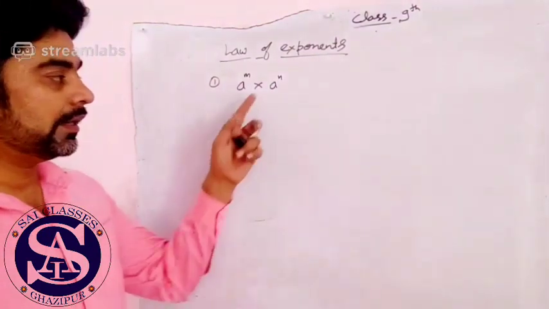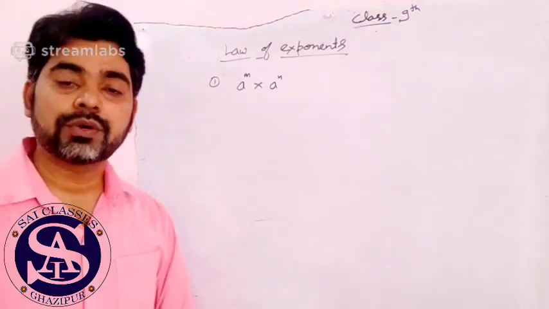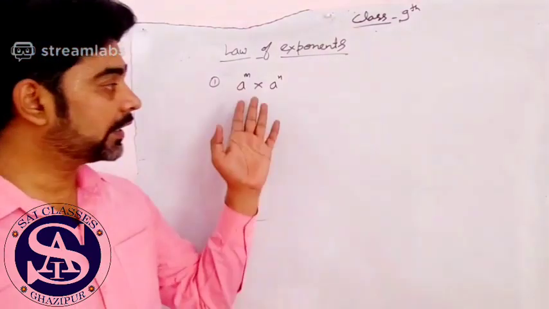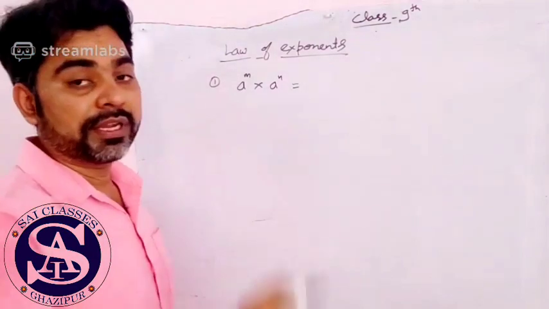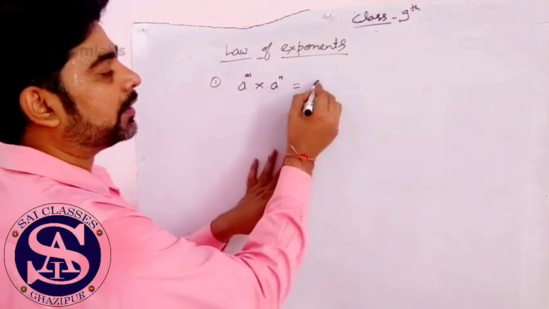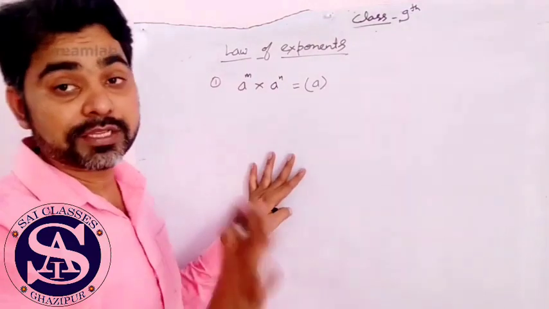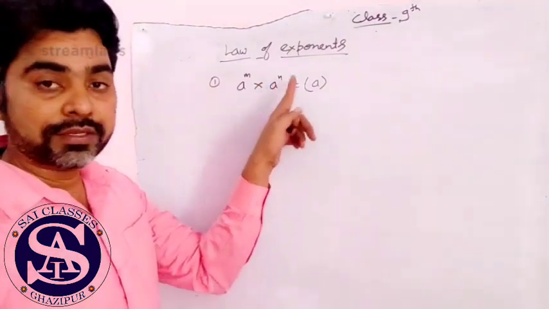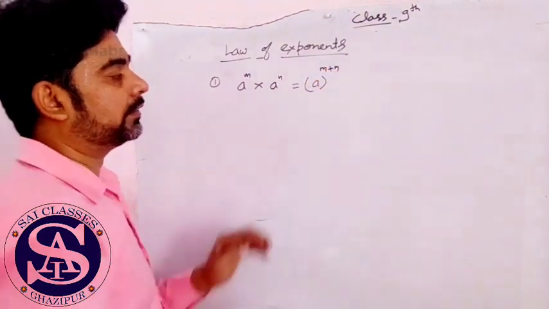Here the base is the same and the exponents are different. If two numbers with the same base are multiplied, the base is kept as it is and the exponents are added. That is, a raised to m multiplied by a raised to n is a raised to m plus n.